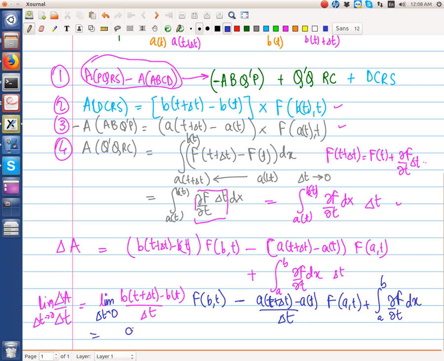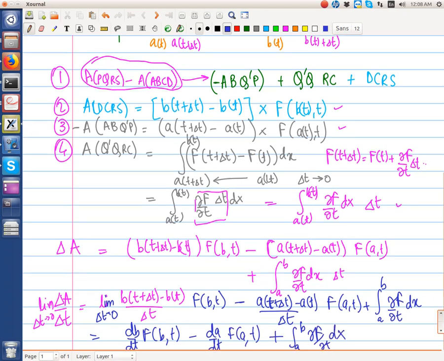So in the limit this becomes db dt, this becomes f at b comma t, dA dt f at a comma t, plus the integral a to b of del f del t dx. Okay, so this completes the proof of Leibniz theorem.